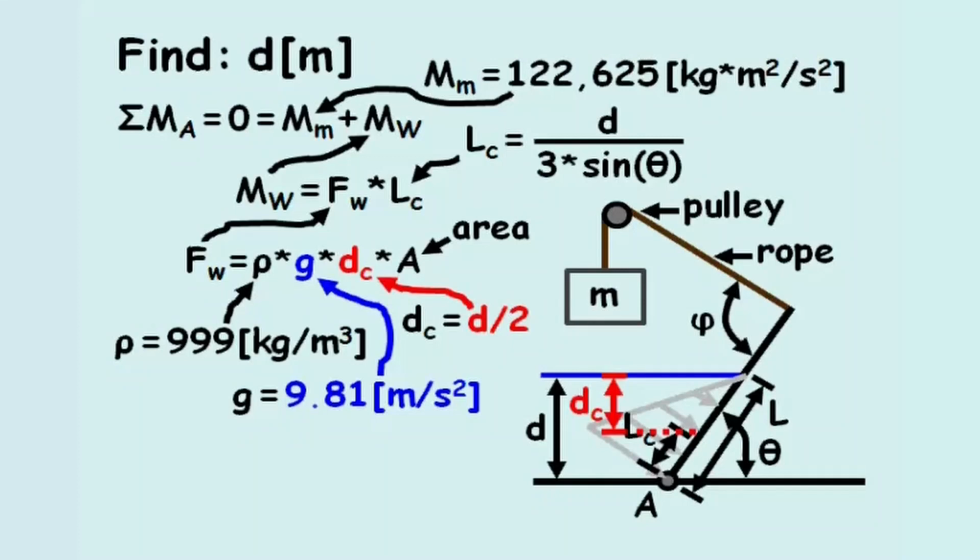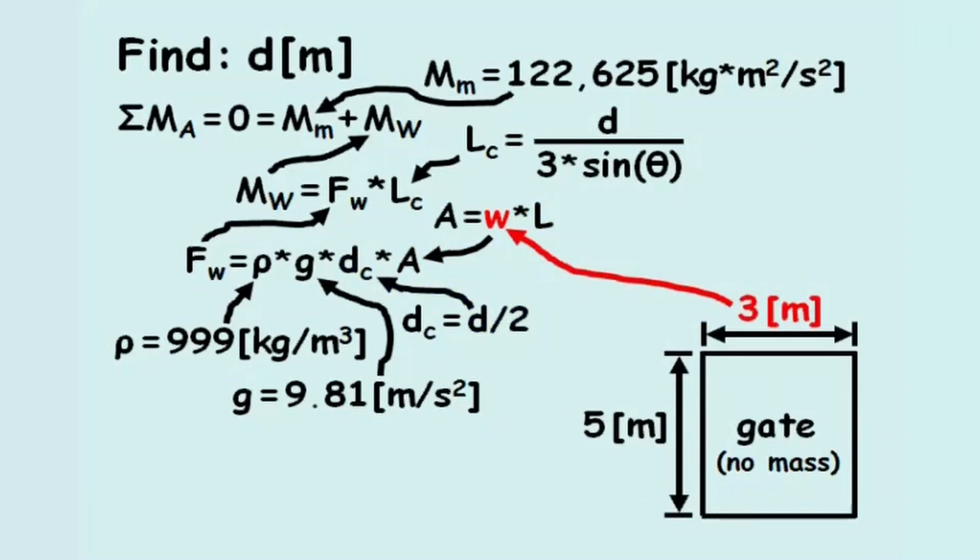And the area of the gate, A, equals the width of the gate times the submerged length of the gate, L. From the problem statement, we know the width of the gate equals 3 meters, and we previously defined the value of L as the depth of water divided by the sine of angle theta.